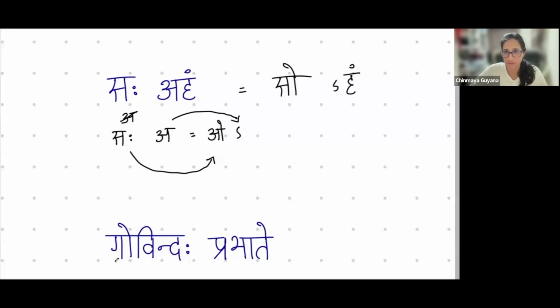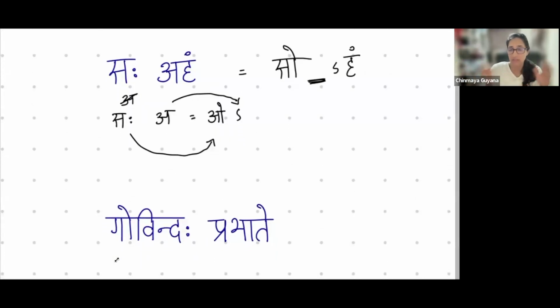Soham sounds familiar? That is what it is. And we write it with a space in between. Okay? So this is the only exception where there's two things happening. At every other time, only one thing happens to the visarga. So this is how the avagraha works. If you wrote it together, that's okay. Now you know. You leave a space and you put the avagraha in between.